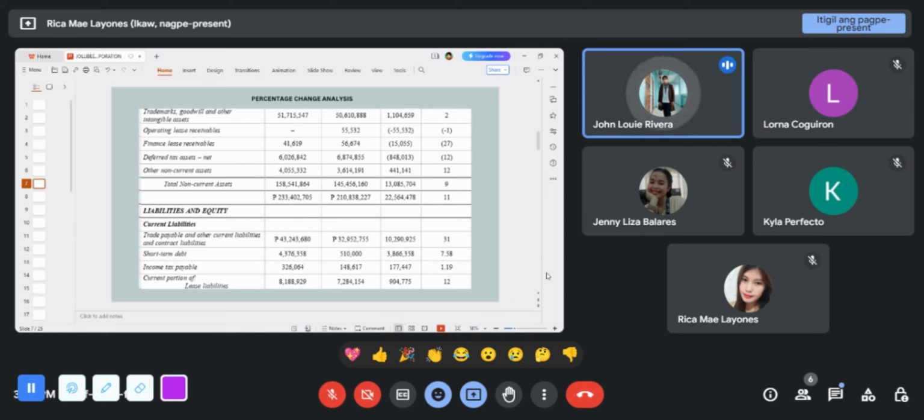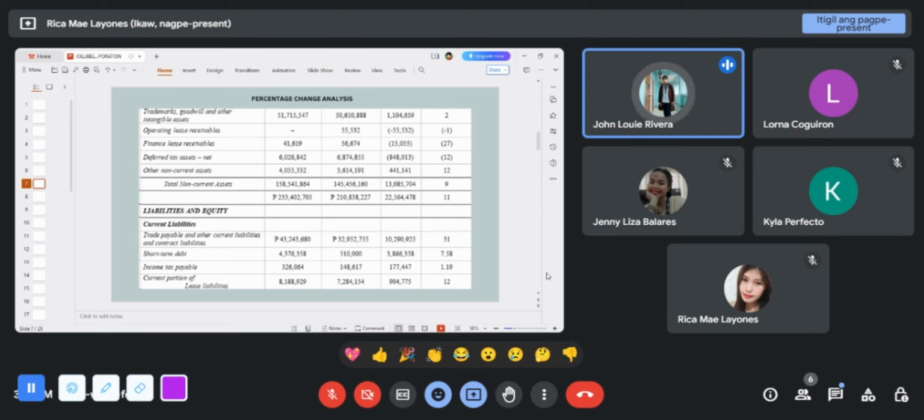Operating lease receivables, amount is negative 55,532, decreased by 1. Finance lease receivables, amount is negative 15,055, decreased by 27. Deferred tax assets net, amount is negative 844,013, decreased by 12.